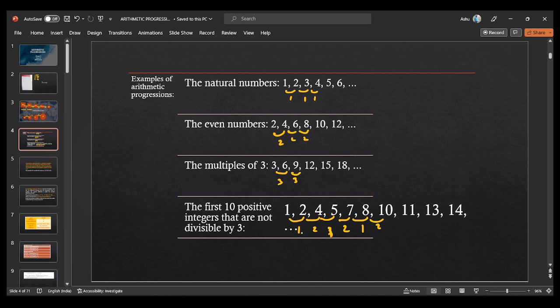Some differences are 1 and some differences are 2. If we exclude 1, we get 2. If we exclude 2, we get 1. So when we observe, we get certain patterns of increasing, certain patterns of decreasing. These series, these sequences, these patterns say something about behavior.